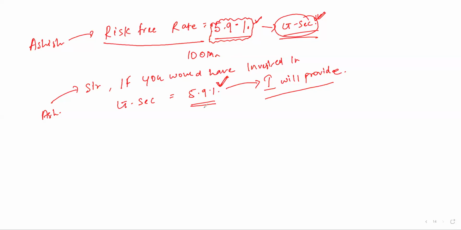So if you want to invest in my company, I can also provide you with that 5.9% return. Again, explaining the point what Ashish said, if you would have invested in a risk-free asset, the risk-free asset would have given you 5.9% return. Invest in my company and I will give you 5.9% return.